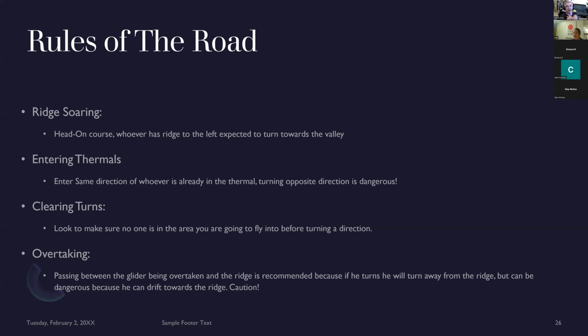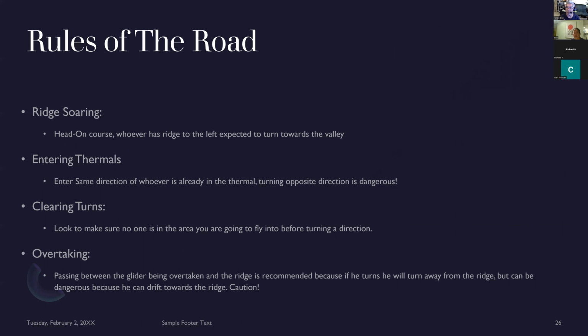Those of us who live near coastal sites where you have a ridge site, the same rule applies. Whoever has the ridge to their left is expected to turn away. Turn towards the valley, towards the open space, not towards the ridge.